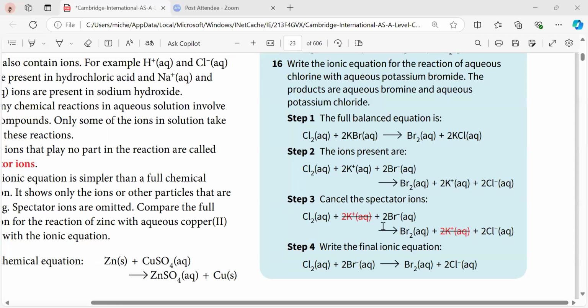It is present on both the left and right side. So we're going to cross that out because it's considered a spectator ion. So now you're going to write down the equation again without the spectator ions. And now we have the final ionic equation without the spectator ions. So this is basically how you do ionic equations.